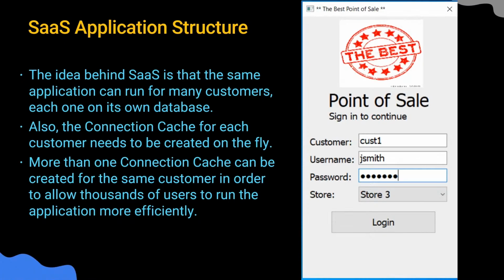So this connection cache needs to be added on the fly. More than one connection cache can be created for the same customer in order to allow thousands of users to run the application more efficiently.